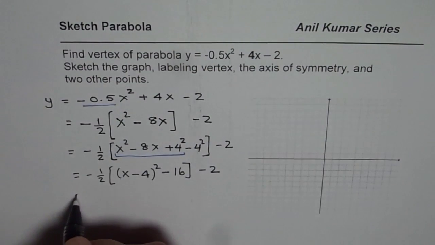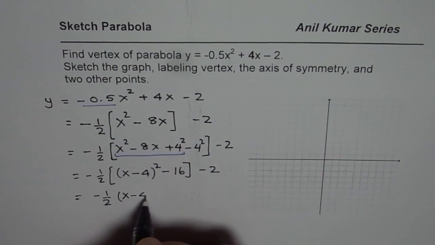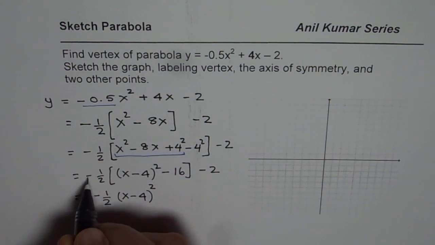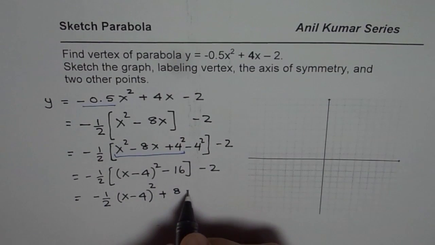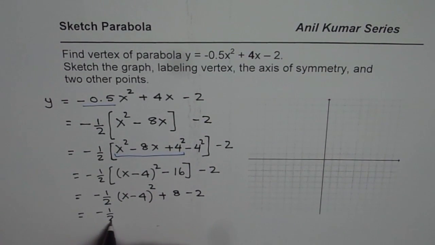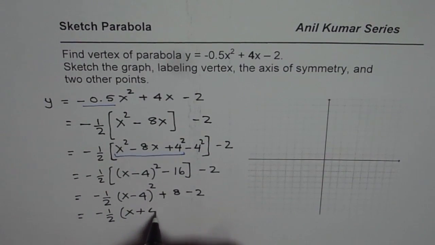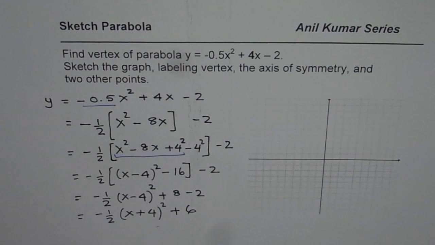Minus 2. Now let us open the bracket. So you get minus half times x minus 4 whole squared. Minus minus becomes plus. Half of 16 is 8, minus 2. Now these terms can be combined. So we get minus half times x minus 4 whole squared plus 6. So that is what we get.